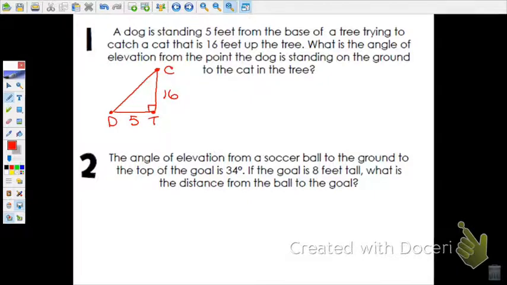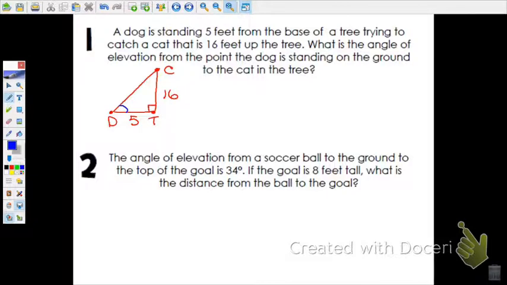We want to find the angle of elevation from the point the dog is standing on the ground to the cat in the tree. So instead of the dog looking straight ahead, it is looking up in the tree at the cat. That's our angle of elevation that we want to find. First of all, we're looking for an angle. That's what we covered yesterday, finding angles using our trig ratios.